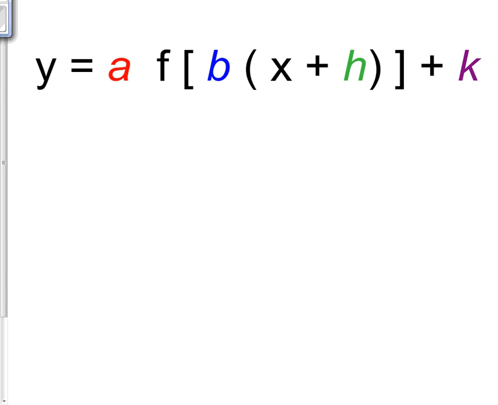In summary, if we put it all together in one great big equation with f being our function name, no matter which one of the parent functions it is or any other function, as long as it's a function, these various constants change our function with various transformations. The number at the very front and at the very back, since they are outside of the function, would be vertical changes.